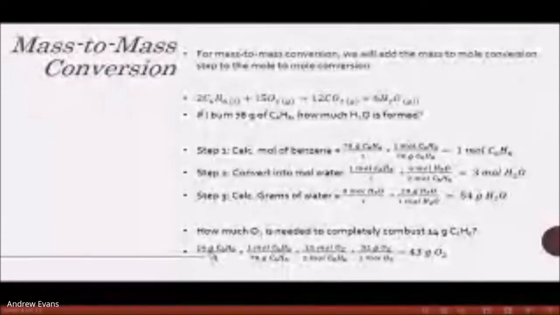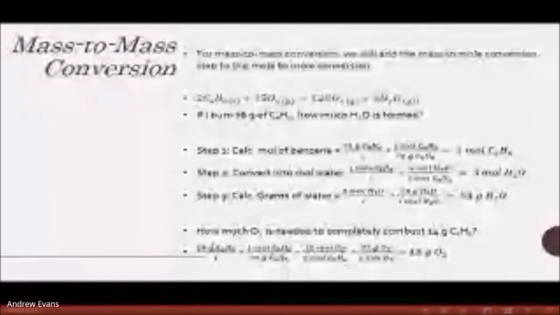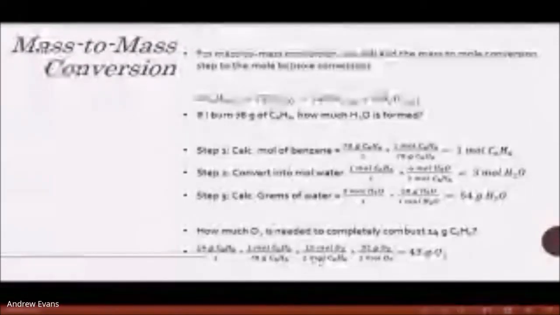Now, if I asked how much oxygen is needed to completely combust 14 grams of benzene, I start my number with 14 grams of benzene, and I know I need to end with grams of oxygen. So in this case, I'm doing it all in 1 big step. Grams of benzene cancels out with grams of benzene. Moles of benzene cancels out with moles of benzene. Moles of oxygen cancels out with moles of oxygen, and I'm left with just grams of oxygen on top.